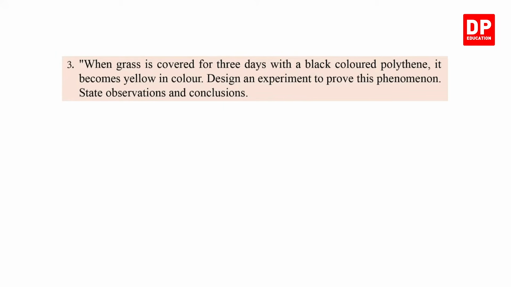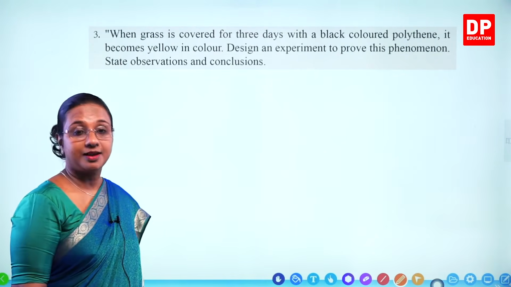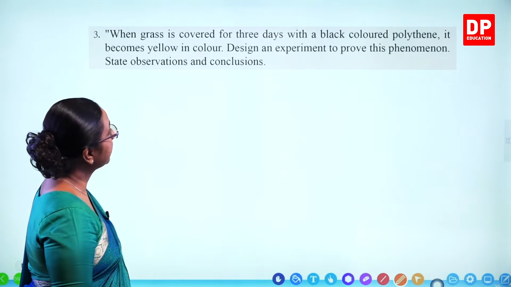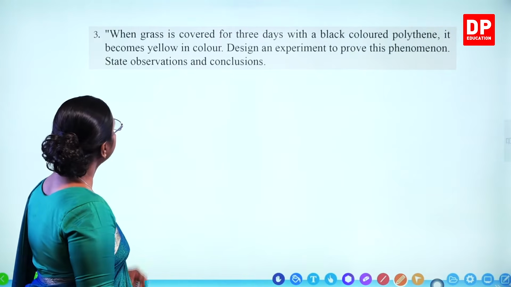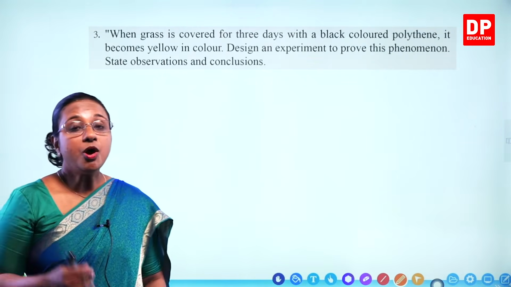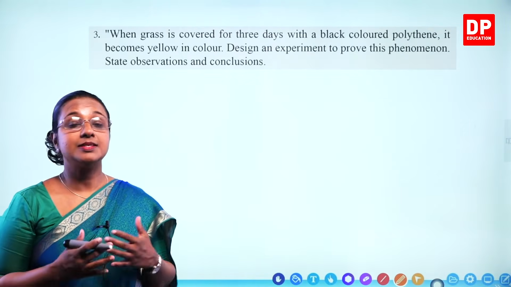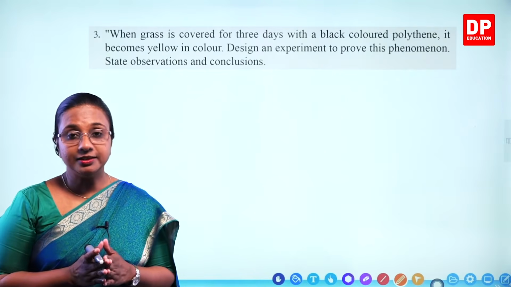When grass is covered for 3 days with a black colored polythene, it becomes yellow in color. Design an experiment to prove this phenomenon. State observations and conclusion. You all know why the grass turns brown in color. Grass is usually green.